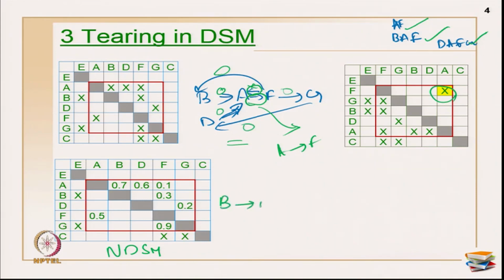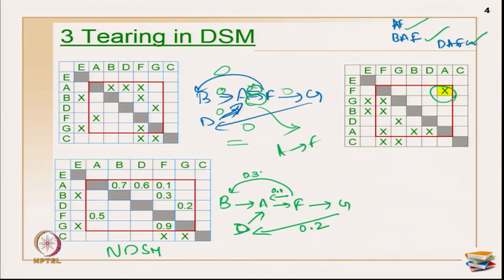Let me write down again. So, now this F to A is 0.1, and G to D is 0.2, then F to B is 0.3.